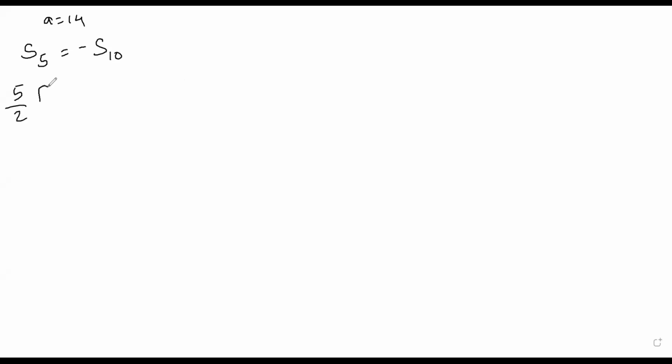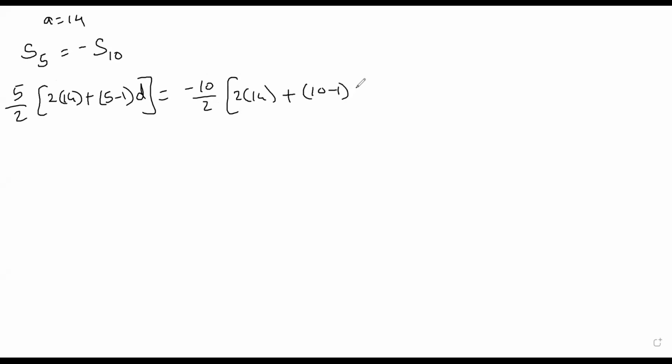So that is 5 by 2, [2 into 14 plus (5 minus 1)d] is equal to minus 10 by 2, [2 into 14 plus (10 minus 1)d]. Obviously, this will get cancelled. You will get 28 plus 4d is equal to, this 5 will go here, that will be minus 2, 28 plus 9d.